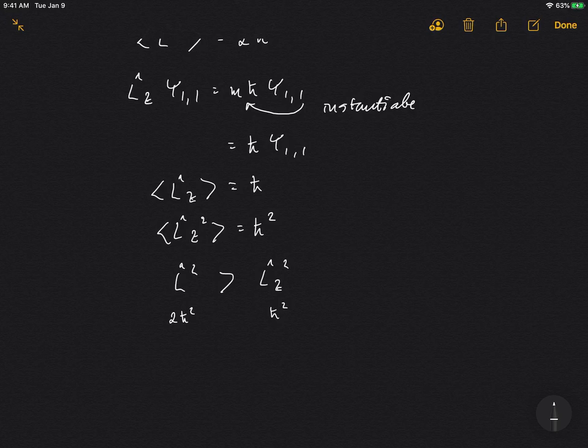And that's because the absolute value of m always has to be less than or equal to L. Then our expressions for the eigenvalues give us that L squared is always going to be greater than LZ squared.